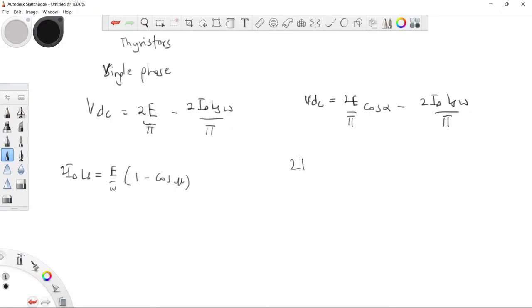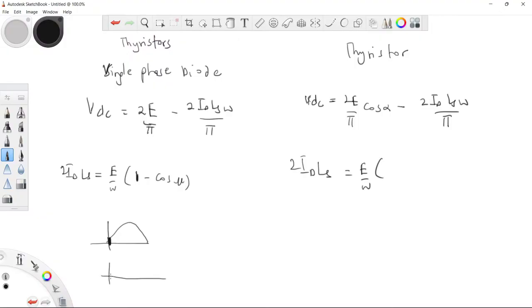Now here in the thyristor, compared with the diode bridge, we have 2 Id Ls equal to E over omega. Here it was 1 because it was like cos 0, since it starts from here. Now, in the thyristor, it starts after alpha, so it's delayed by alpha. So it's supposed to be cos alpha, not cos 0, minus cos of alpha plus mu.